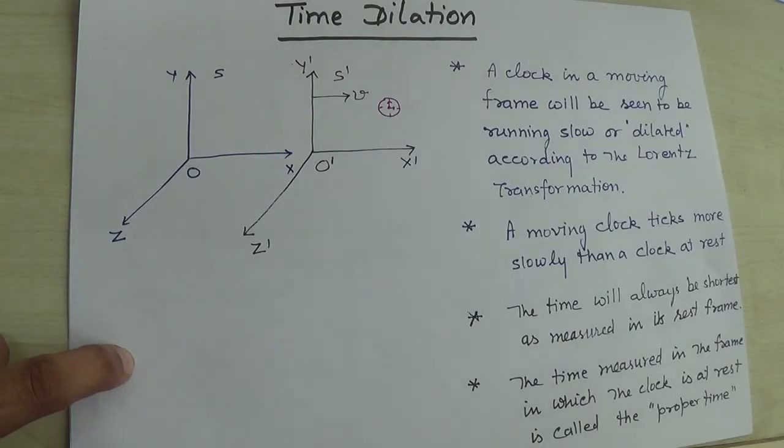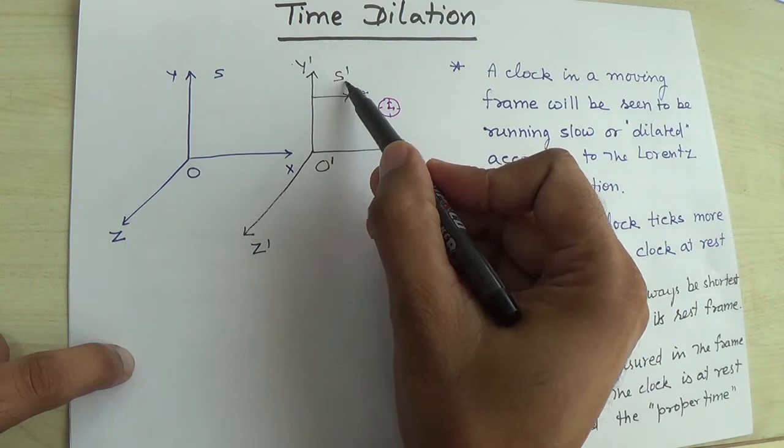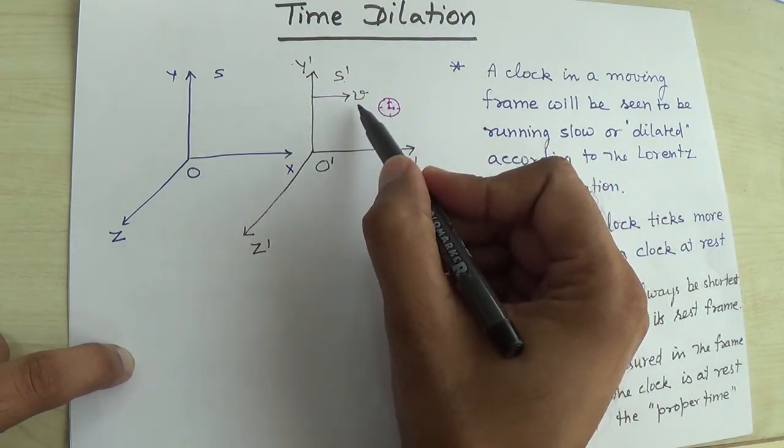In this video lecture I will discuss time dilation, which comes under the chapter on the special theory of relativity. For time dilation I have shown two frames of reference: this is the S frame, and this is the S prime frame. S prime is a moving frame, moving with the relative speed v.